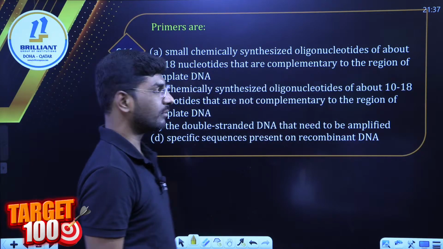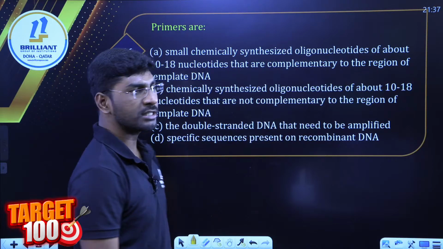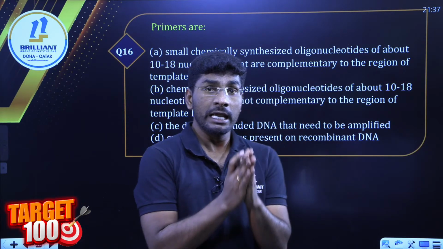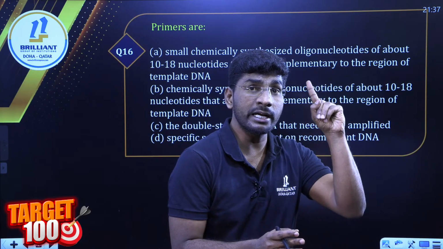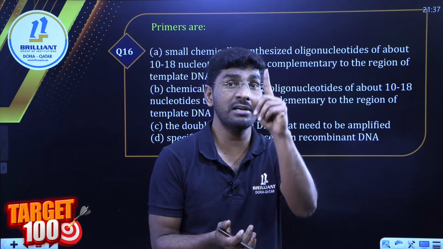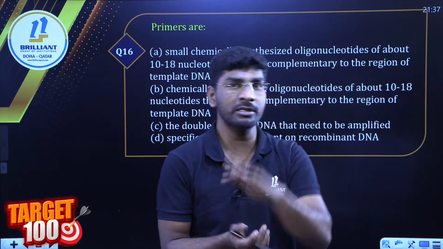Good. Very good. Absolutely correct. Next question. Primers are. Carefully read what are primers. In case of the DNA replication process, PCR process, we have learned primer. Molecular base of inheritance, we have learned primers.